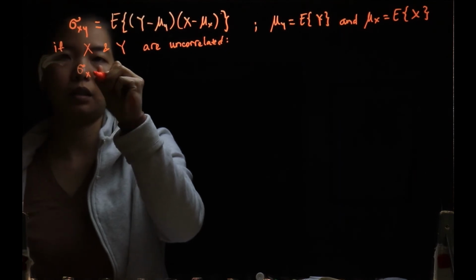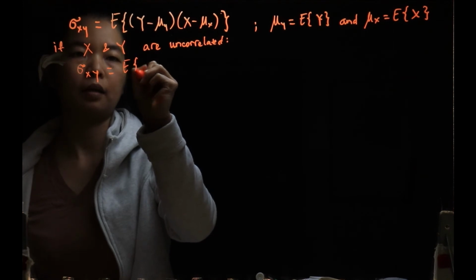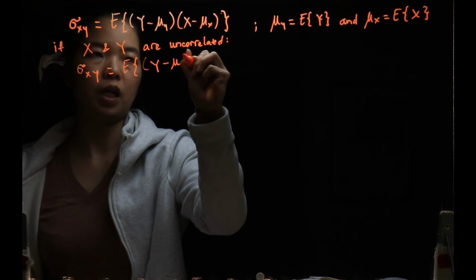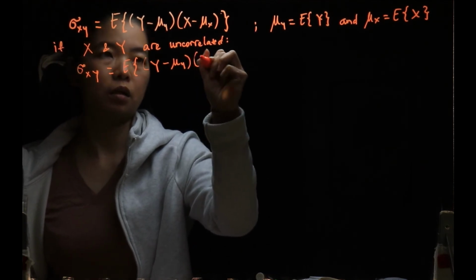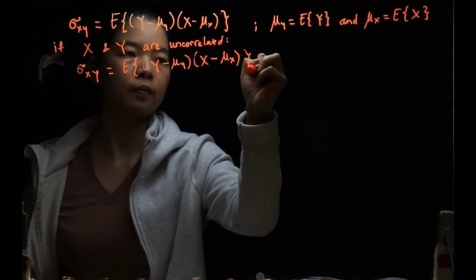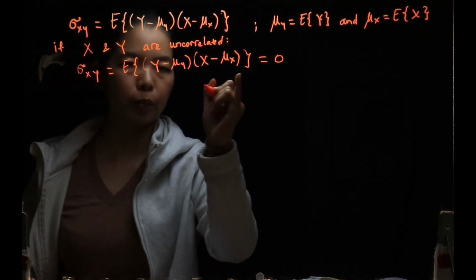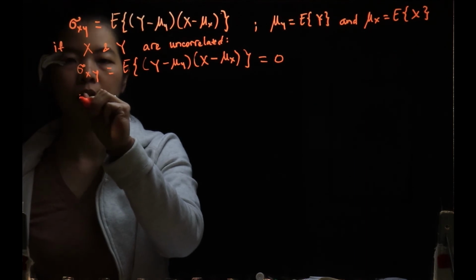Then sigma xy equals the expectation of that deviation times another deviation, which equals 0. And then we open the bracket inside this expectation operation.